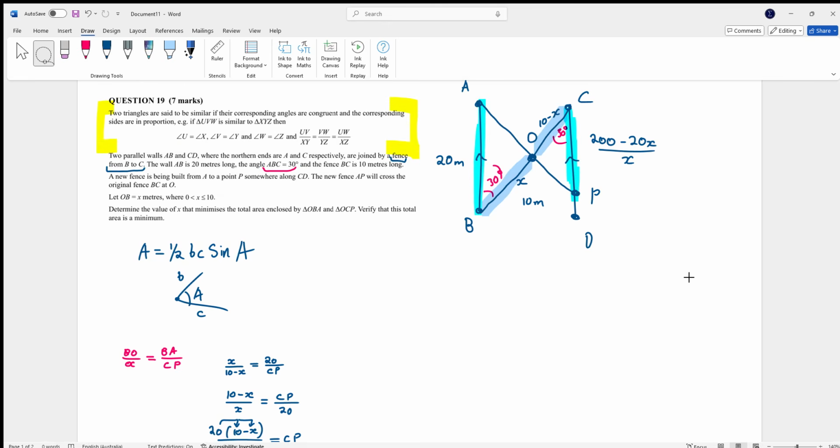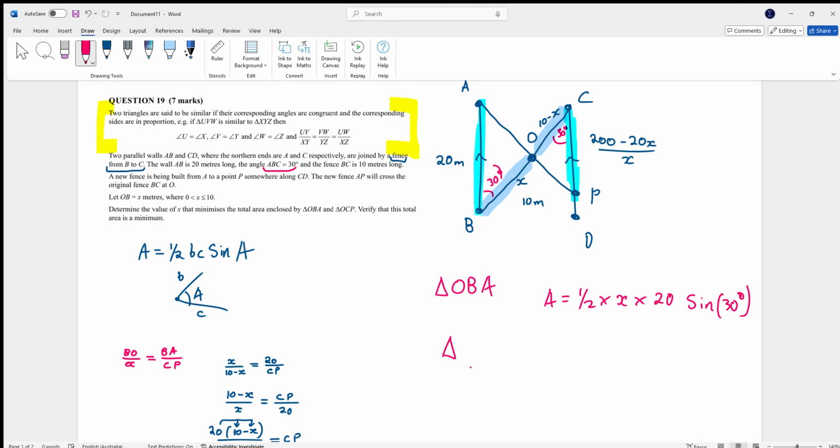Okay, so let's work it out. So let's just call this triangle ABO. What do they say? Oh, they said OBA. Okay, so triangle OBA. The area of it is a half times x times 20 sine of 30 degrees.